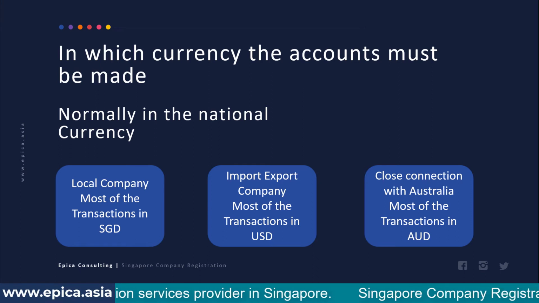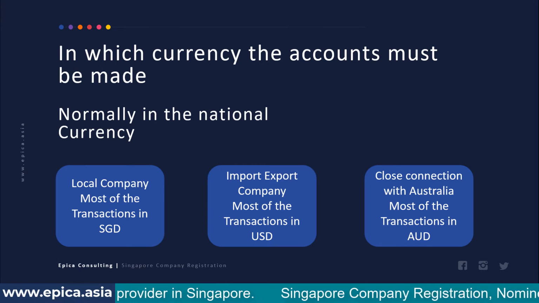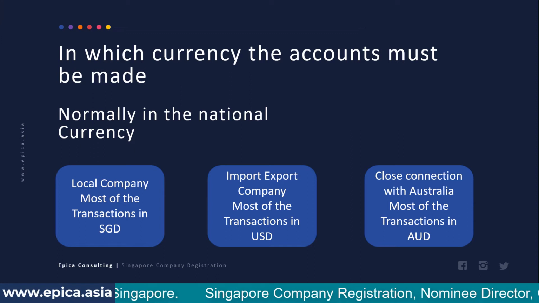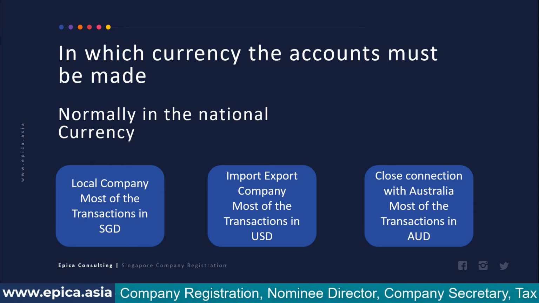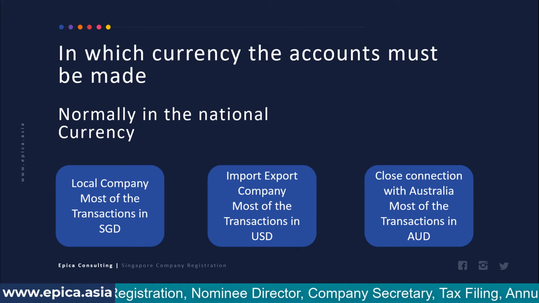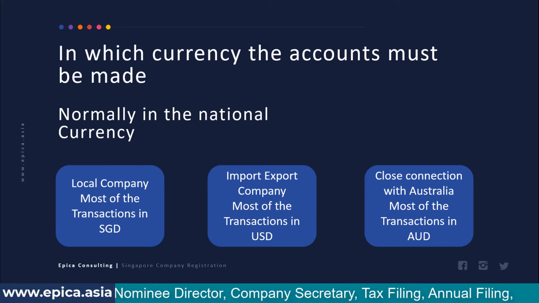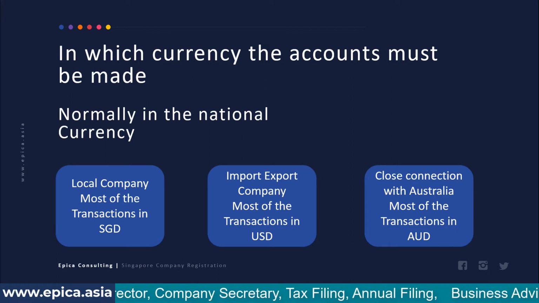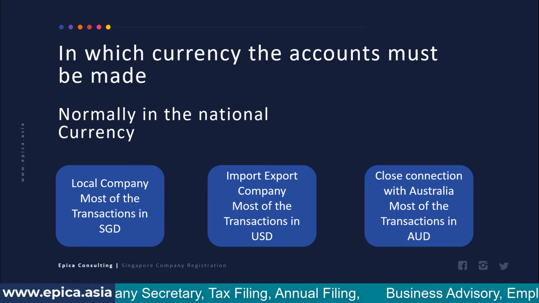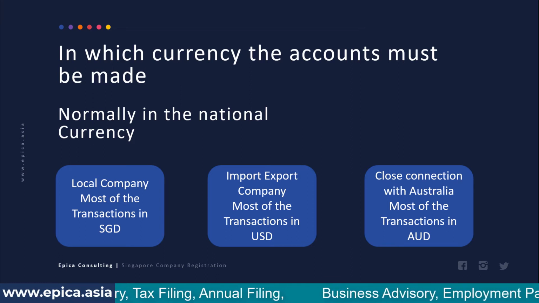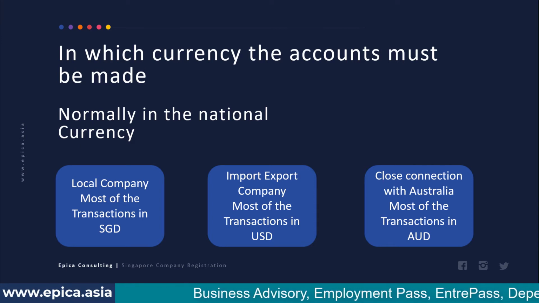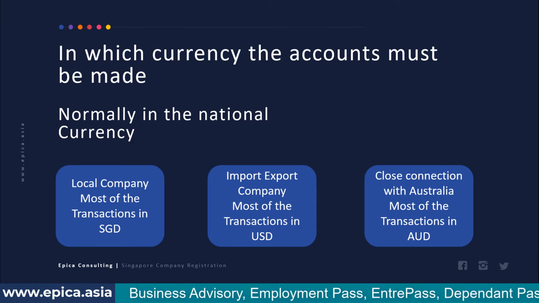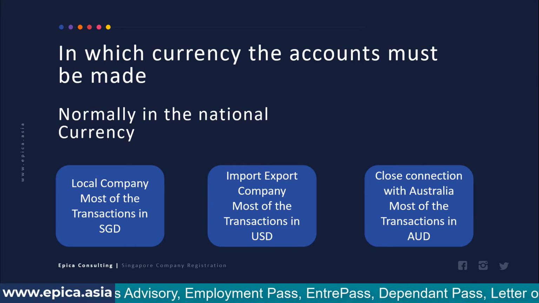Now, as you can see, these three scenarios have three different currencies which are being primarily used in their business. If for the second and third company we force them to use Singapore dollar as the accounting currency, then their accounts will get significantly complicated, because for every transaction, the transaction needs to be translated into Singapore dollars, and foreign currency loss or gain needs to be calculated.